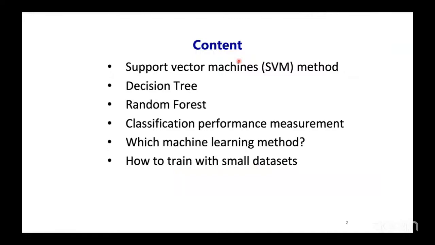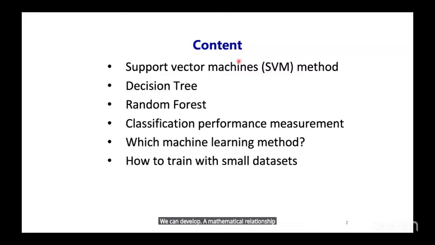Today we are going to study 3 methods: support vector machine, decision tree, and random forest. In these 3 methods, we want to further illustrate how we can develop a mathematical relationship.